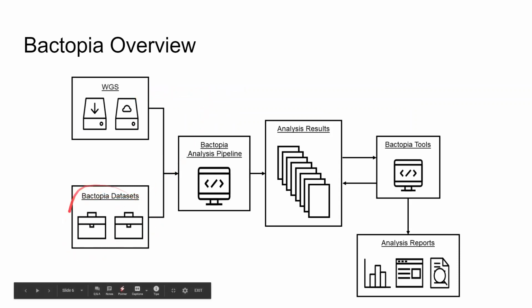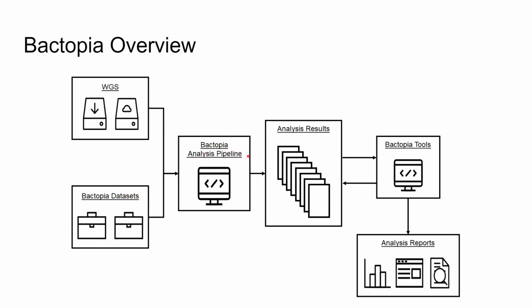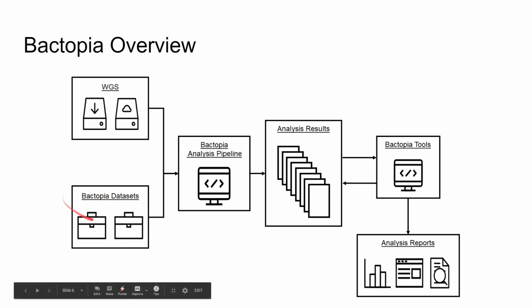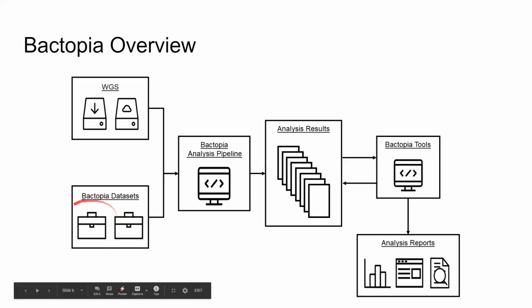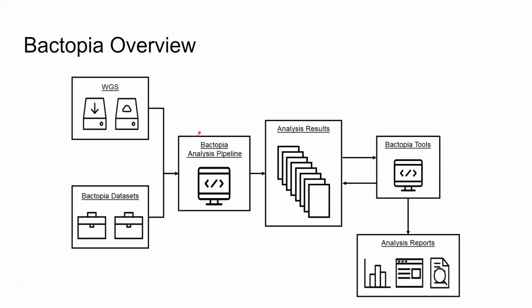You can include the Bactopia data sets, and at runtime, the analysis pipeline will determine what data sets you have available and then include the necessary processes for those, depending on the data sets available. Otherwise, it'll just run standard, no data set required analyses.